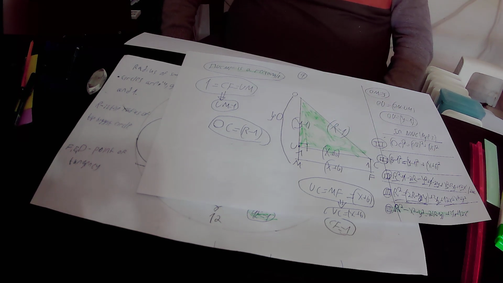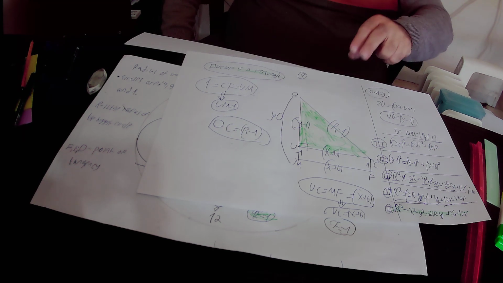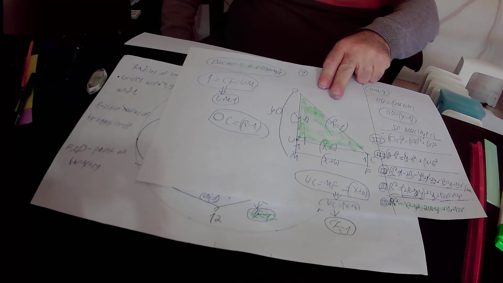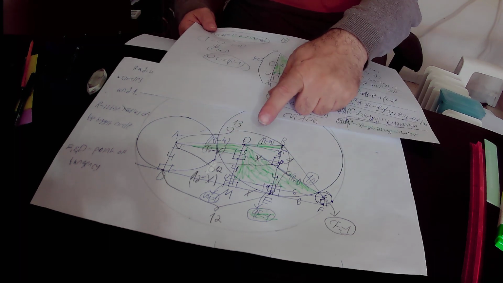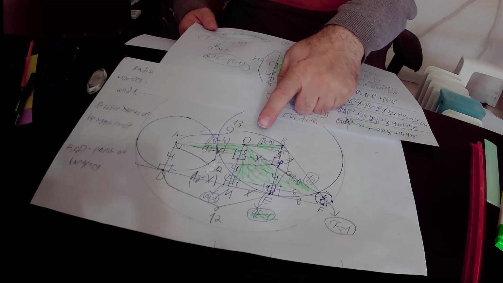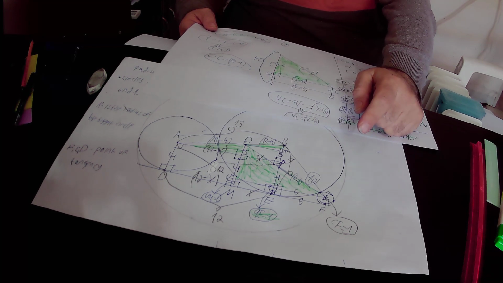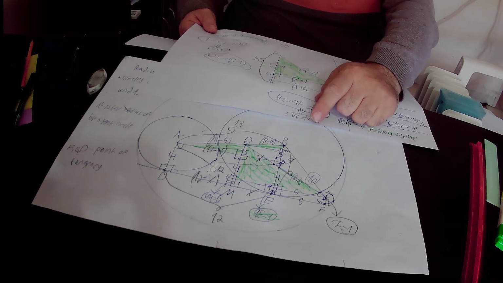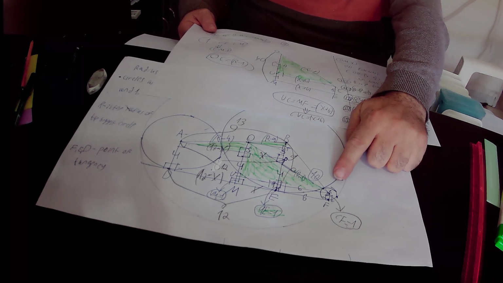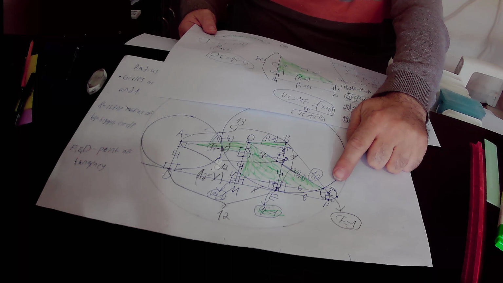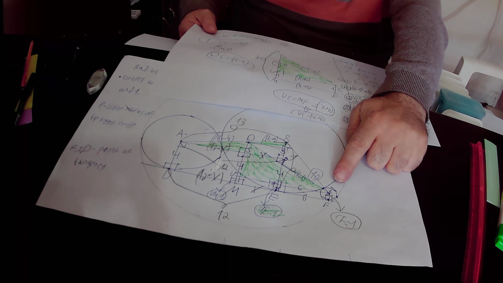And here OC, what is the value of OC? O is the center of the biggest circle, whose radius is equal to capital R, and C is the center of the smallest circle, whose radius is equal to 1.